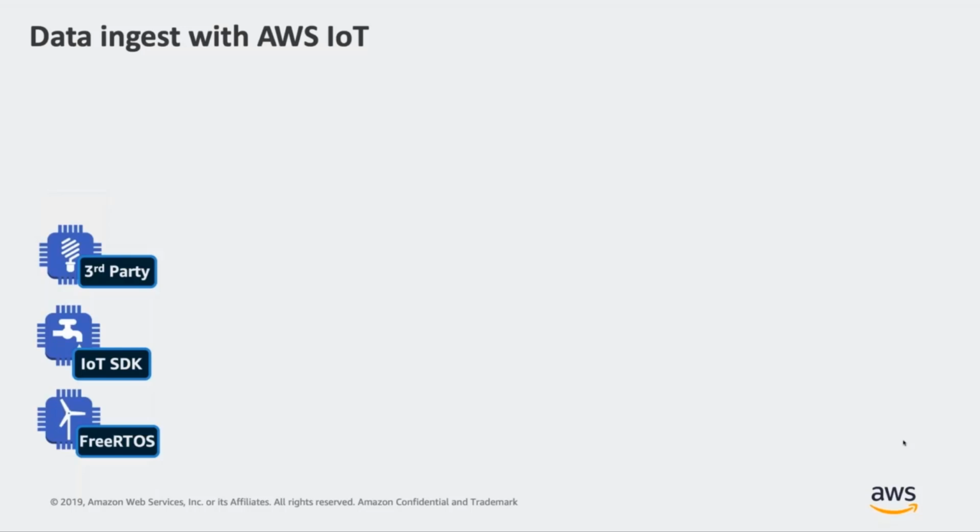You can have devices that don't have any artifacts related to AWS IoT and still be able to communicate with AWS IoT, because all the interfaces of AWS IoT are open standards. If you are able to talk over MQTT and are able to secure your connection using X509 certificates, you should be able to talk to AWS IoT without having to put any AWS IoT construct on these devices.